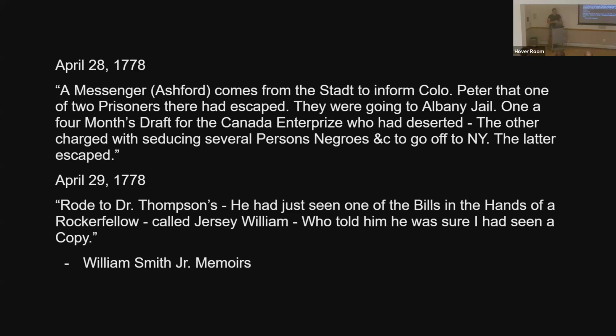The New Jersey branch of the family married Christina Rockefeller here in Germantown. But Jersey Bill comes up in William Smith's memoirs, mentioned there on April 29th, 1778.